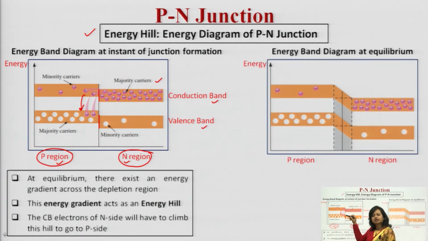Because electrons are moving from here to here and losing a certain amount of energy, after a certain time, because of this diffusion process, you can see the energy level of this conduction band will be dropped down.